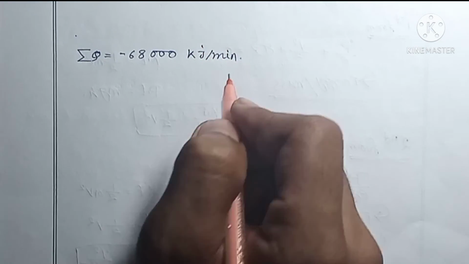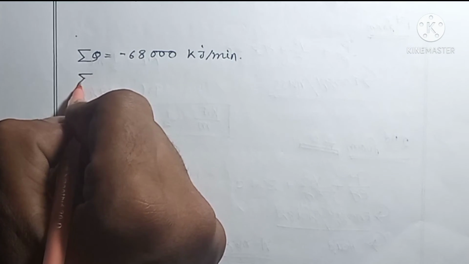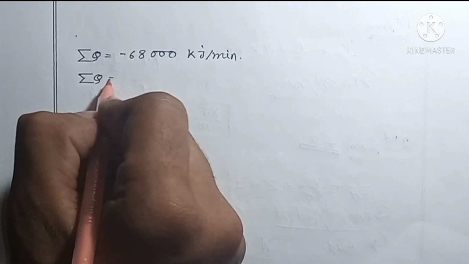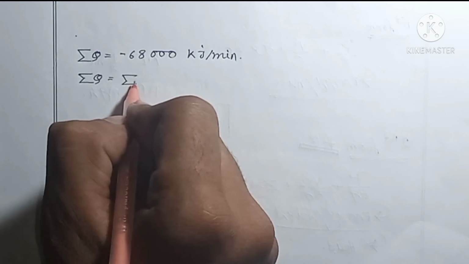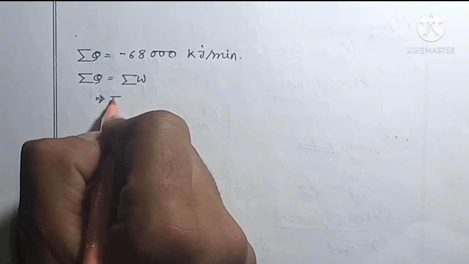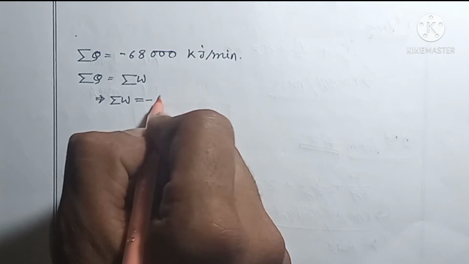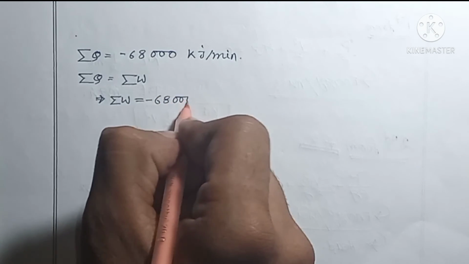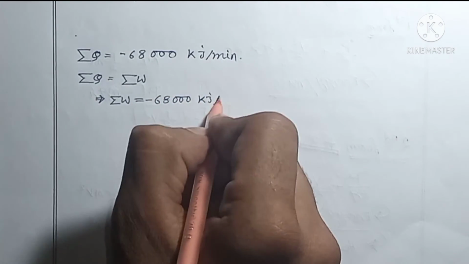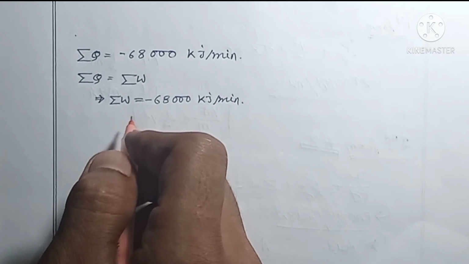Okay, so now we know that for a closed system cyclic process, the summation of Q can be written as the summation of W. So we can write down that total work transfer, I mean summation of W, is also equal to minus 68000 kilojoule per minute.